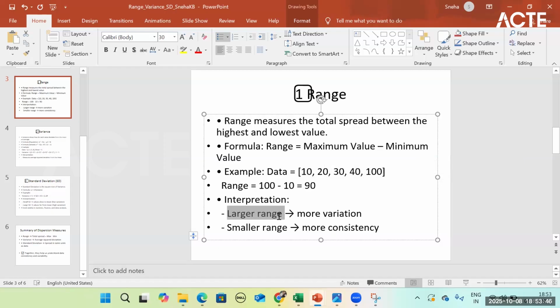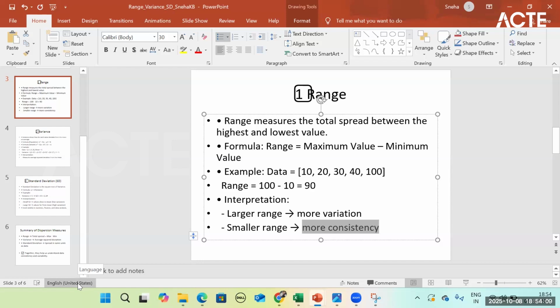So when there is a large range, there is more variation in my data. When there is a small range, all the data is interconnected, right? I can say that.